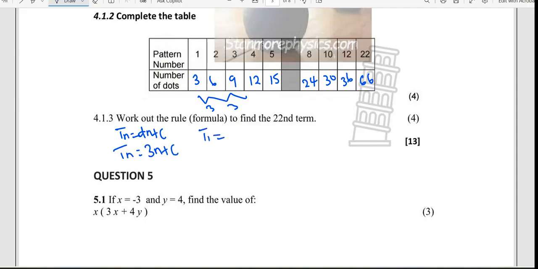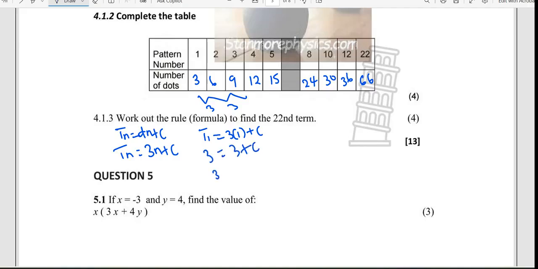T1 is going to be 3 times 1 plus C, and T1 is 3. The first term of the pattern is 3, so it's 3 plus C.